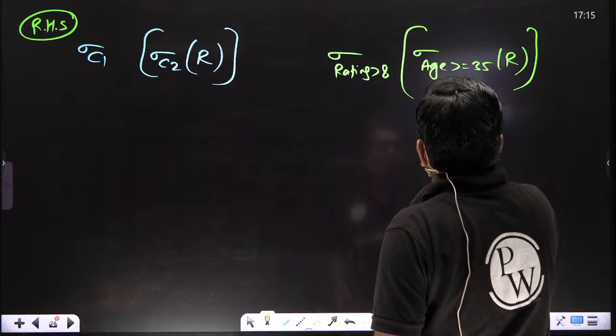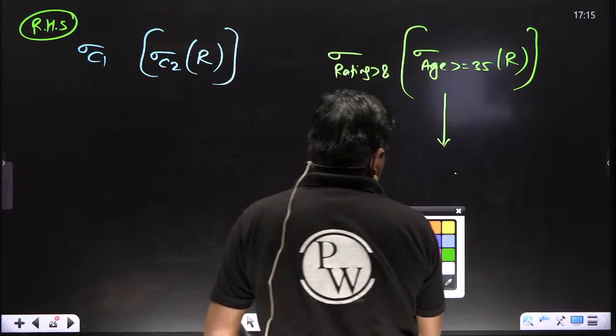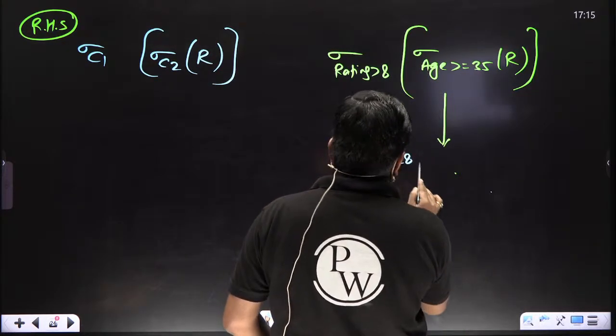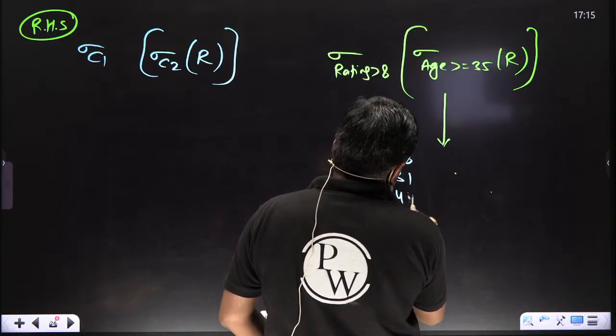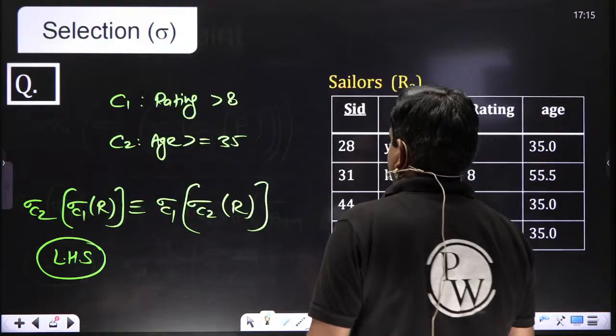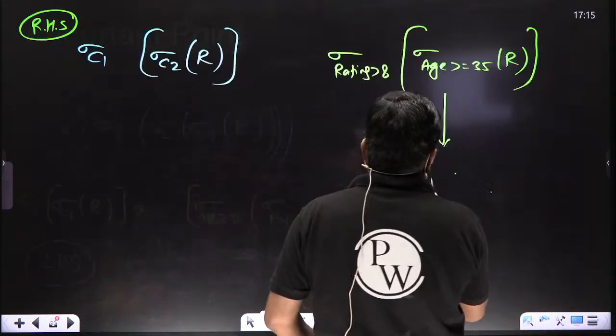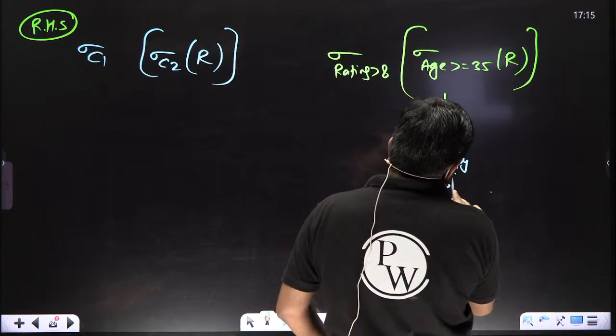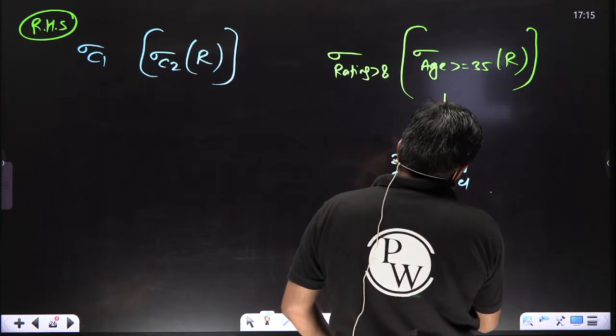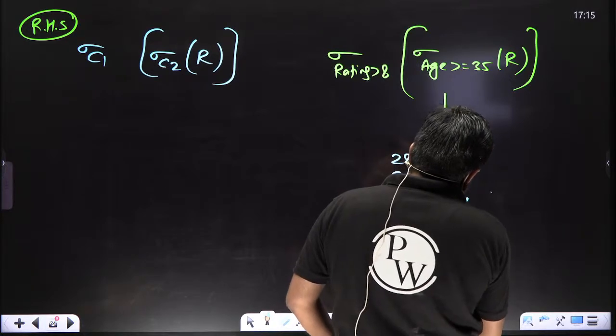You will get 4 tuples: 28, 31, 44, 58, named UP, Lubber, Guppy, and Rusty.